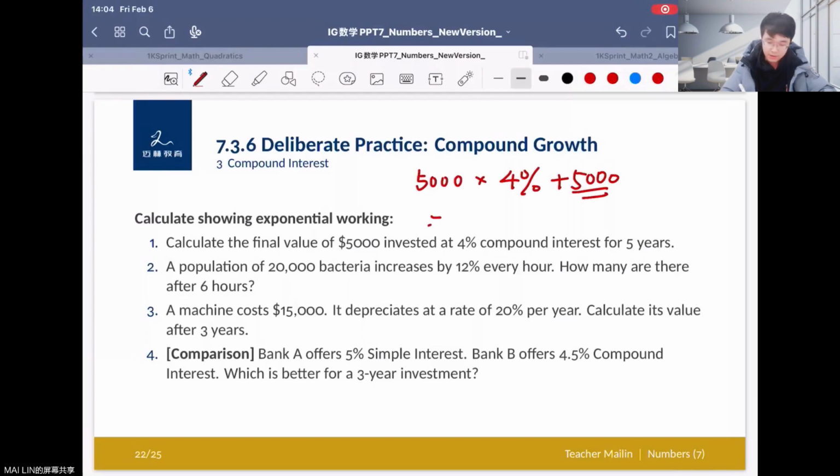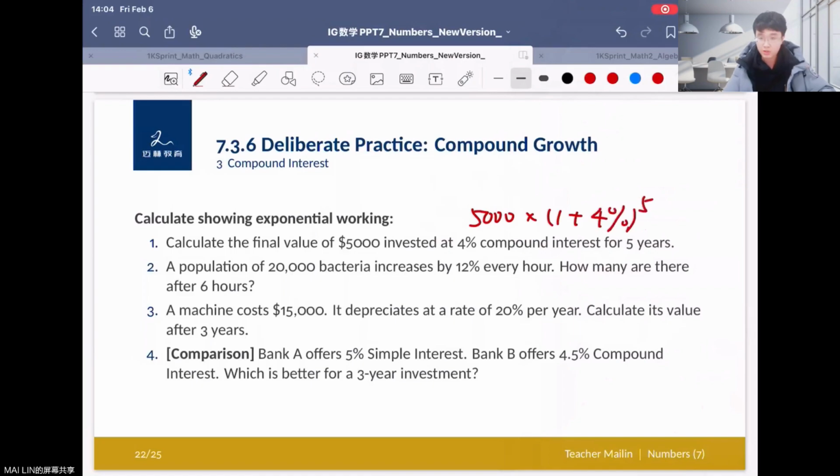So you have 5,000 times 1 plus 4% as the total amount, right? At the second year, you also times 1 plus 4%. So after 5 years, you finally get 5,000 times (1 plus 4%) to the fifth. This is the total amount, and then you can use the calculator to calculate this value, okay? This is our first problem.